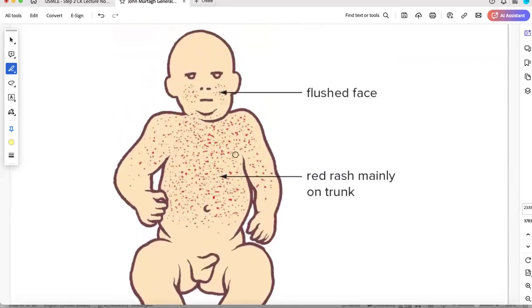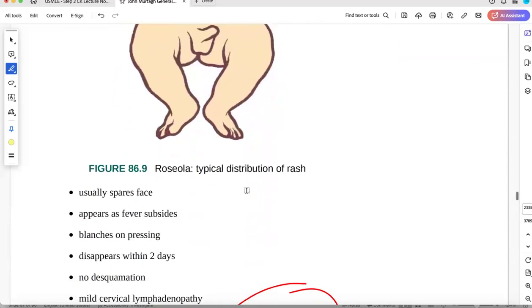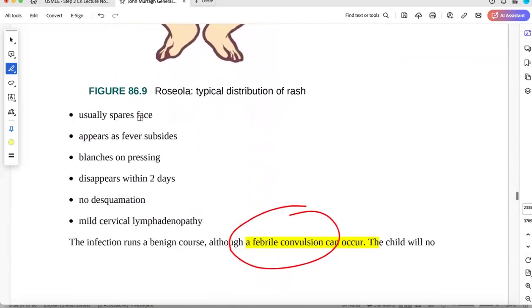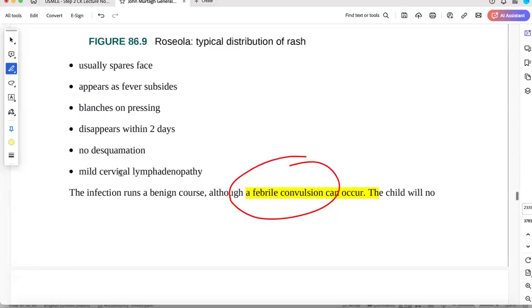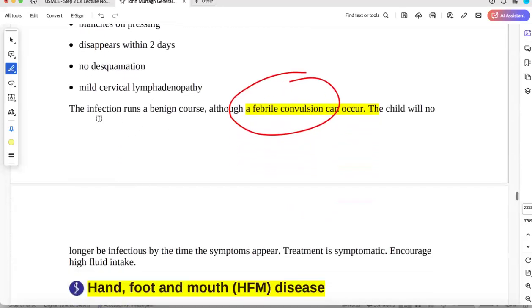Again, roseola infantum starts with a high fever, the fever subsides, followed by a maculopapular rash on the trunk and the limbs. And that's usually how it presents. It usually spares the face. Now, the infection runs a benign course, although sometimes febrile convulsion can occur.